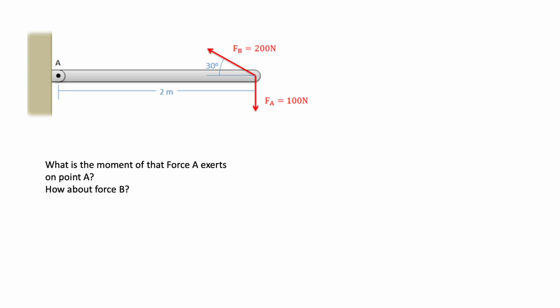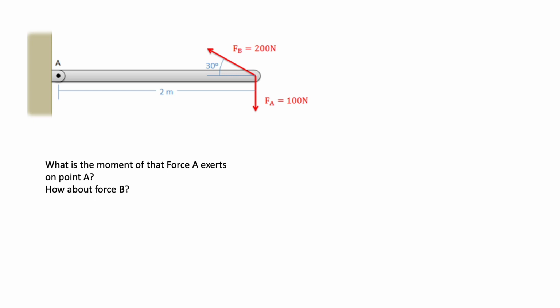So for example, what is the moment of that force A exerts on point A, and then how about force B? Now let's focus first on force A. As you can see here, force A is directed downwards, and the distance from the point A is 2 meters.